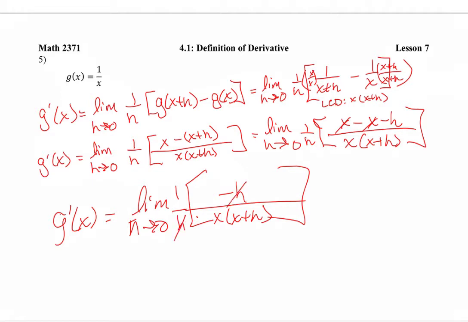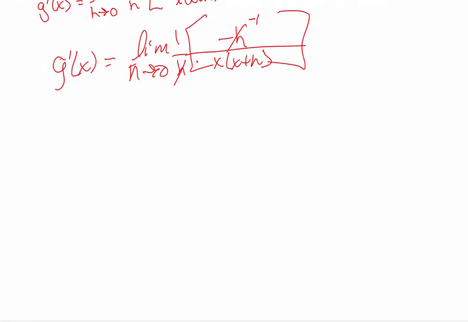This 1 over h will cancel here and leave a negative 1. So g prime of x equals the limit as h goes to 0 of negative 1 over x times x plus h.